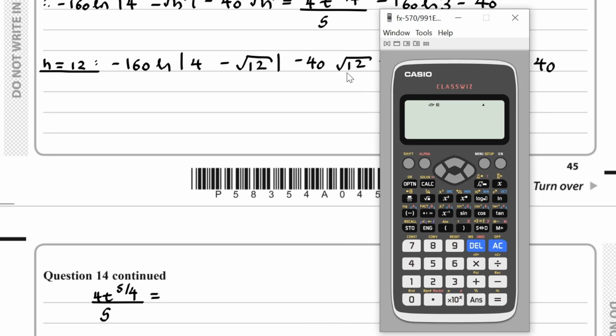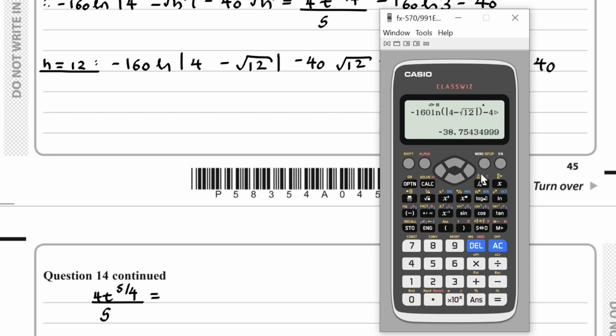On your calculator, type all this in on the left hand side. So we have minus 160 times the natural log of the mod of 4 minus root 12, minus 40 root 12.